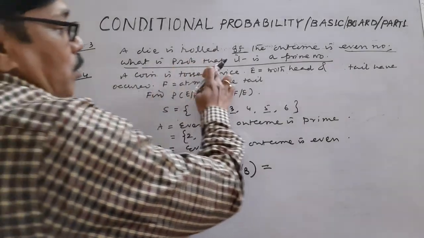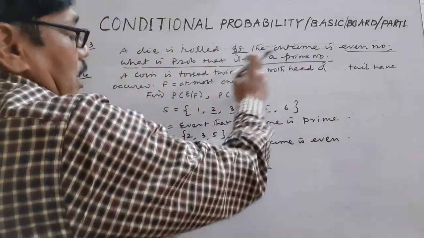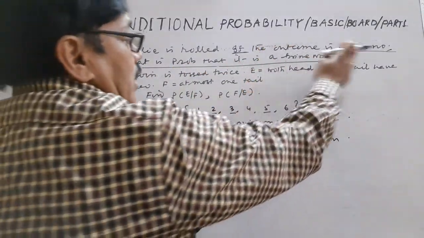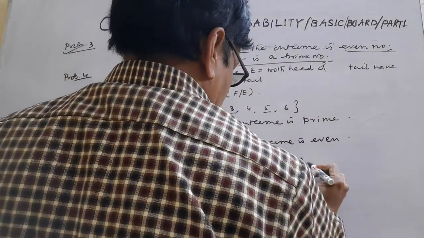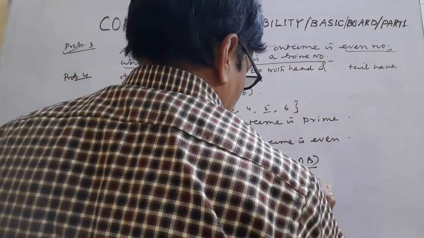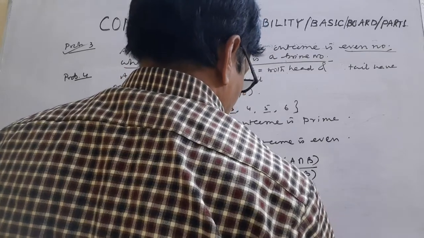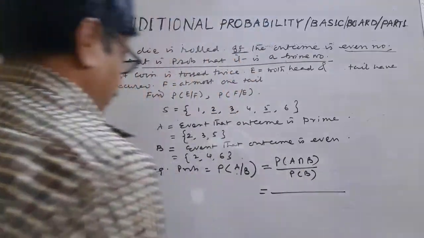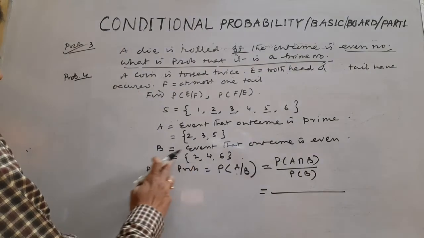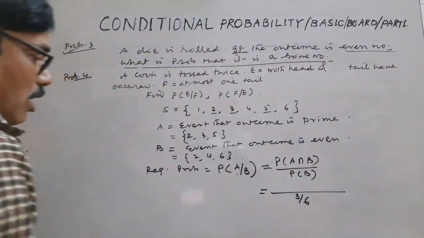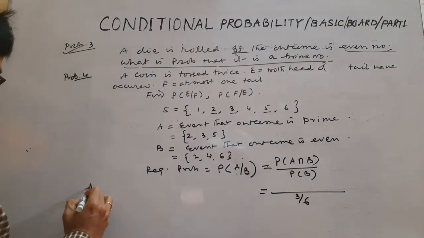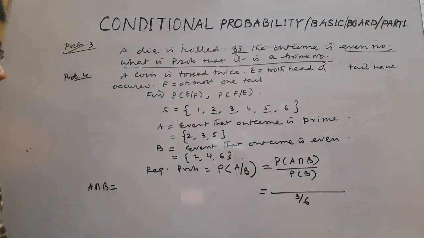You have to find P(A by B). What is the probability that it is prime? So it is A. The given event is in the denominator. So it is P(A intersection B) by P(B). What is P(B)? P(B) is 3 by 6. And what is common, A intersection B?